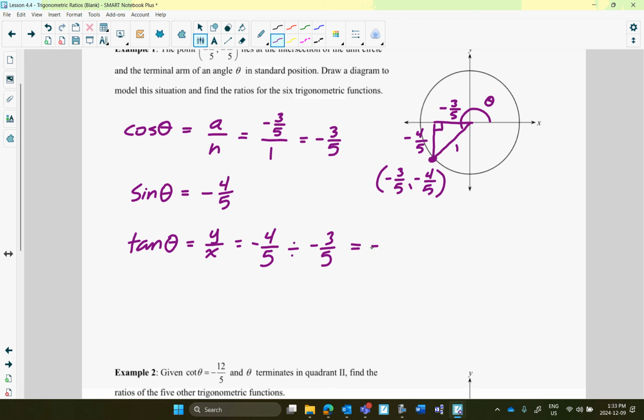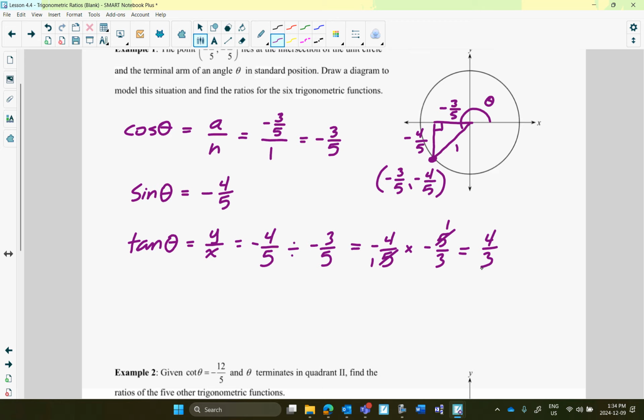So remember, change this to multiplication, negative 4/5 times negative 5/3. The 5's reduce down to 1. I get a negative times a negative, which is positive. 4/3. Notice I get those 3 first, because then the other 3, you just flip them all.